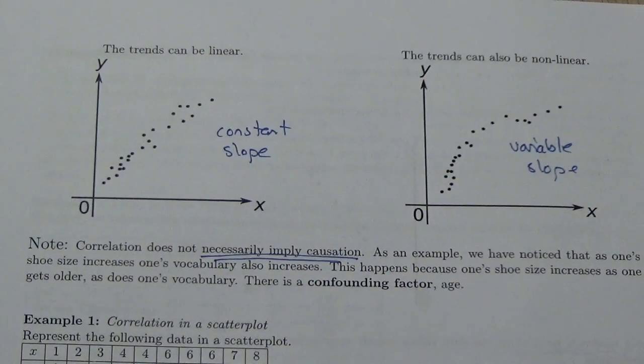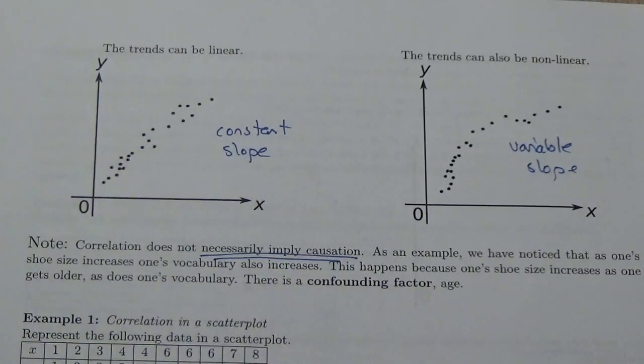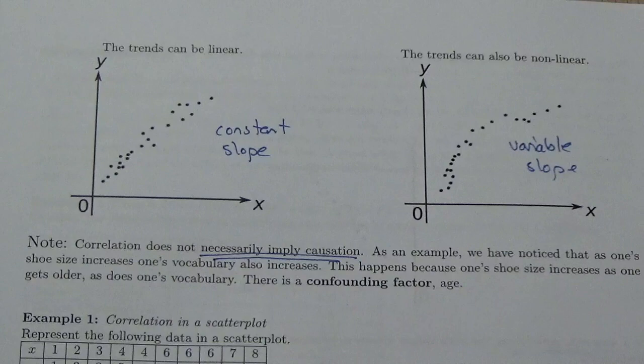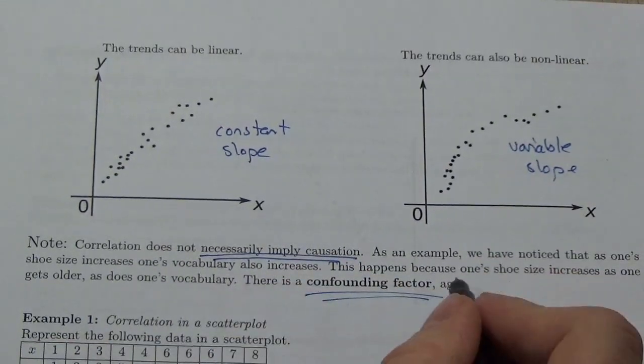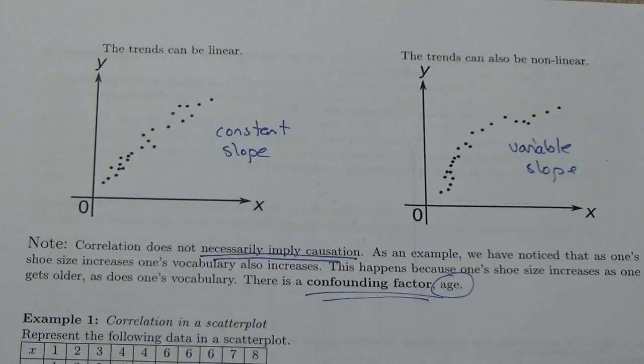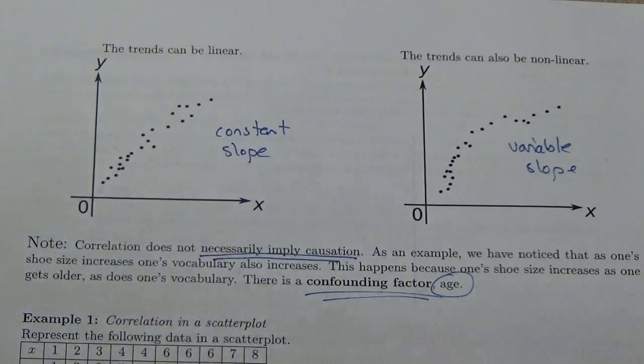It's not dependent on your shoe size. It just happens to happen at the same time as one's foot gets larger. So there is this confounding factor here, age. The older you are, the larger your shoe size is typically because you're growing, and the larger vocabulary is because your brain is also growing and learning. Anyway, now let's take a look at some examples.